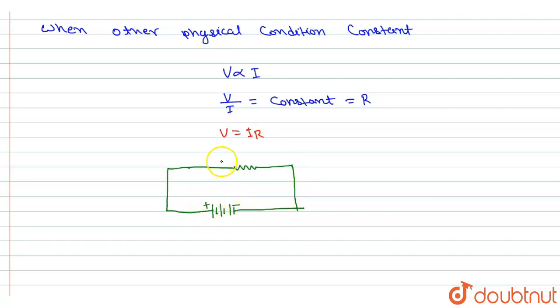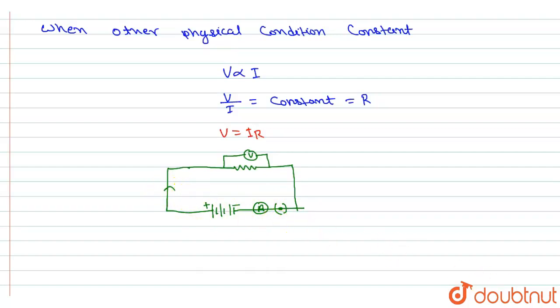We also connect a voltmeter here to measure the potential difference, an ammeter here to measure the current, and a key here. Now the current will pass in this way.